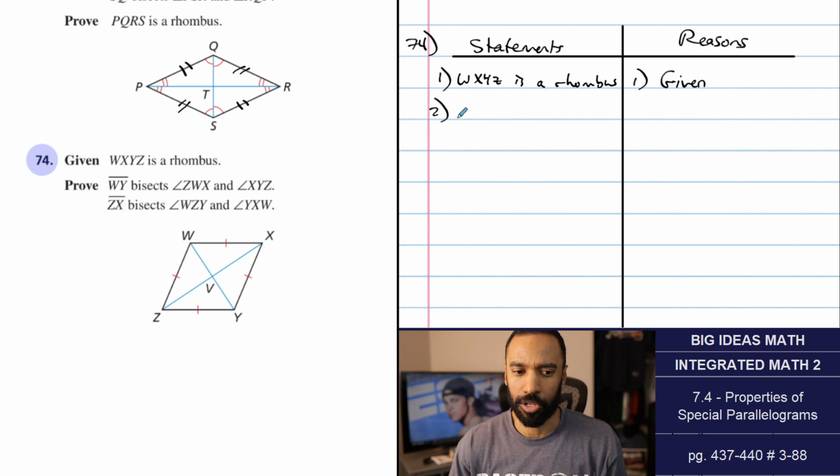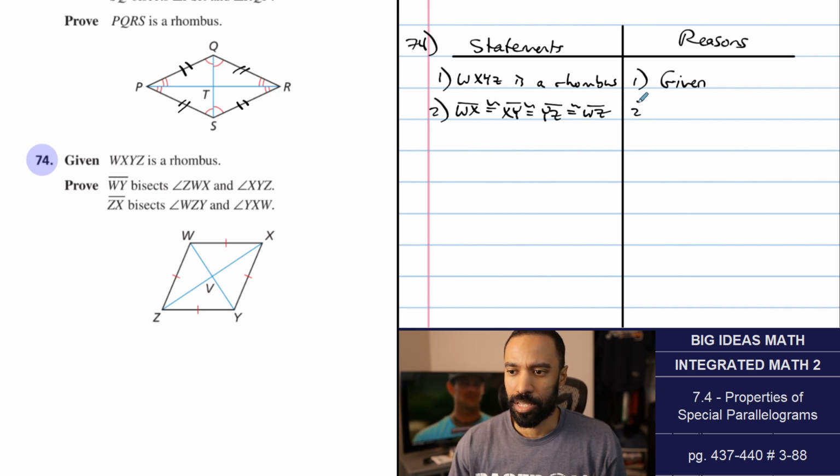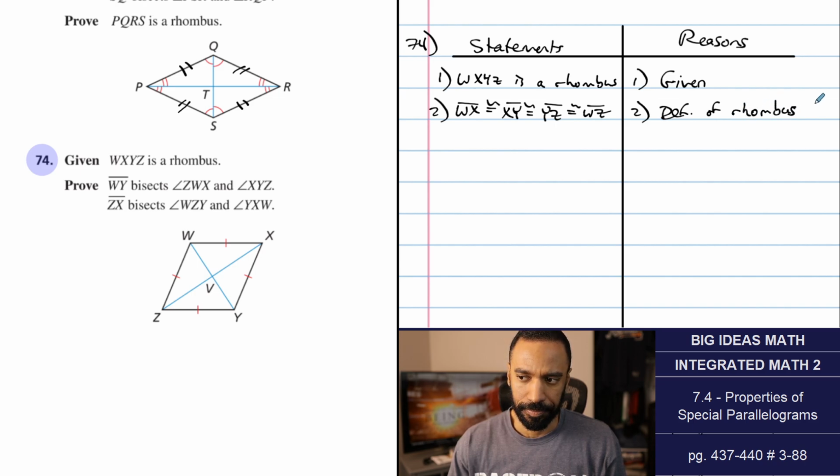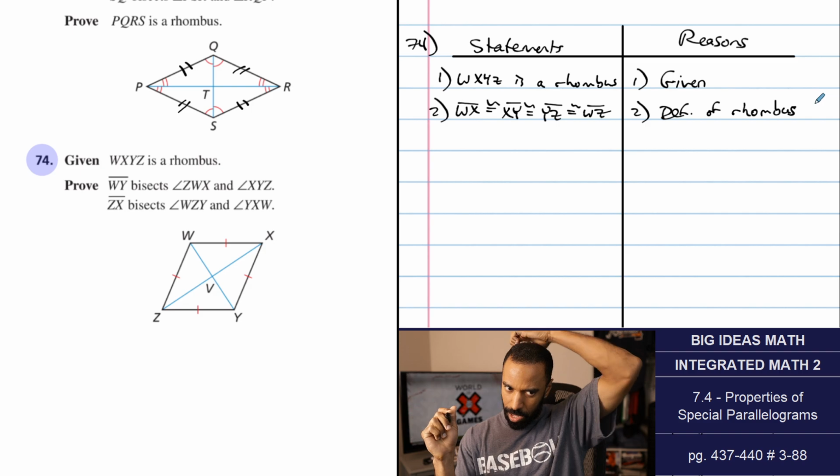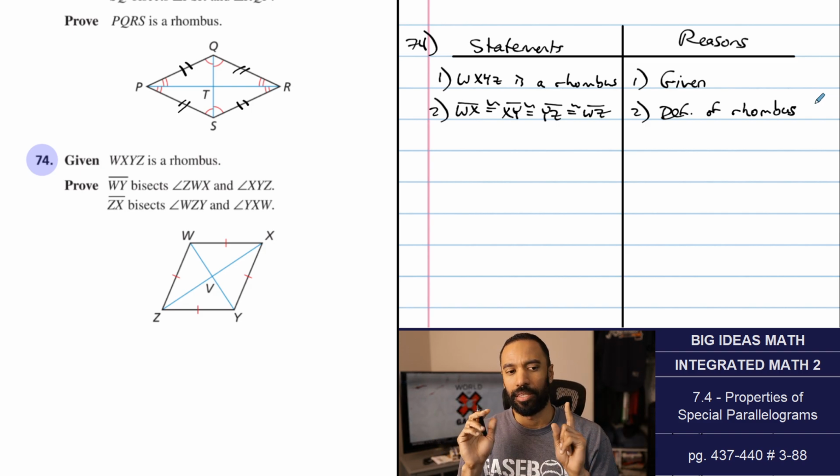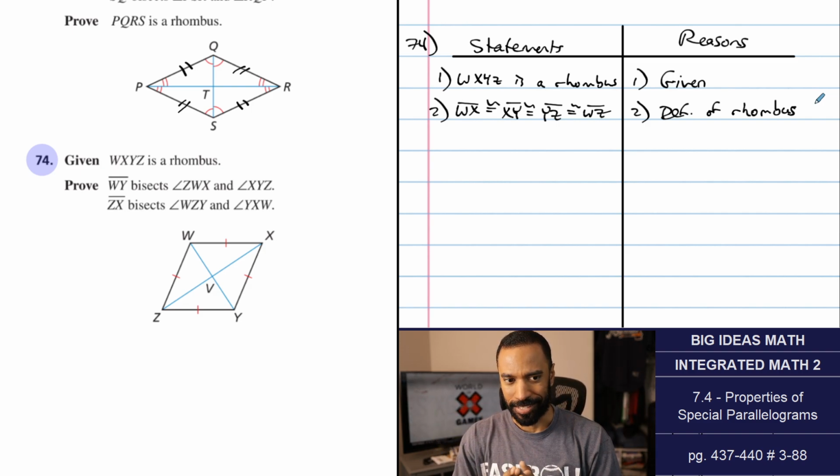I'm just going to mark them all congruent at the same time right now: WX, XY, YZ, and WZ. I can use any of these after. Definition of rhombus.